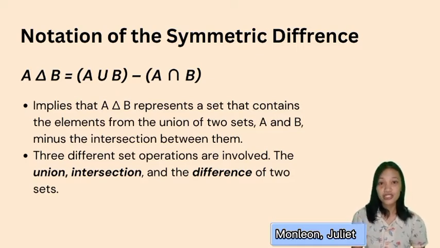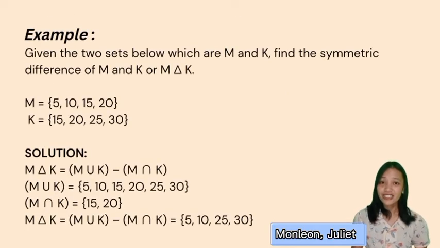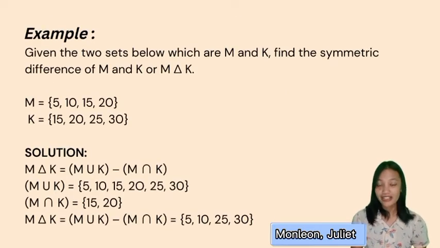In these notations, three different set operations are involved, which are the union, intersection, and the difference of two sets. For example, given the two sets below, set M and set K, find the symmetric difference of M with respect to K.